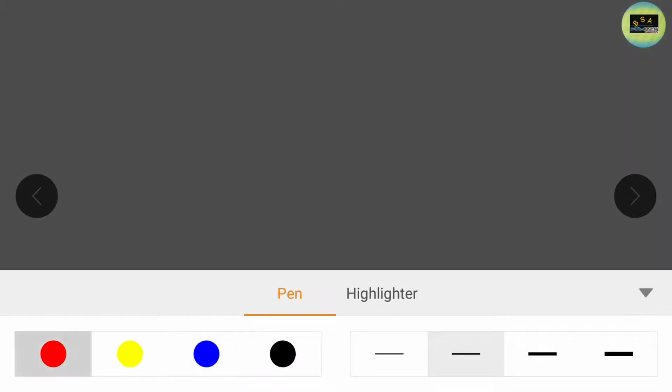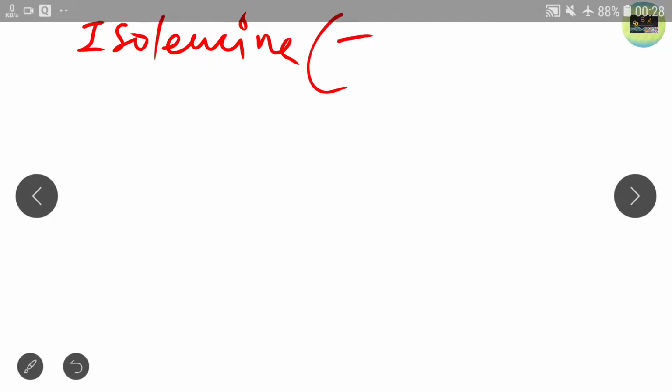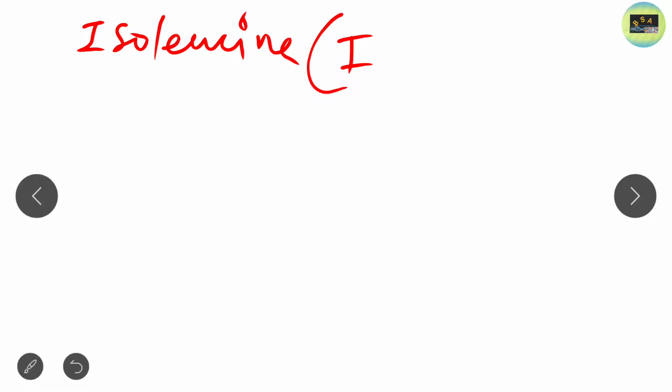Okay, isoleucine. The single letter code for isoleucine is basically IL, you can say.